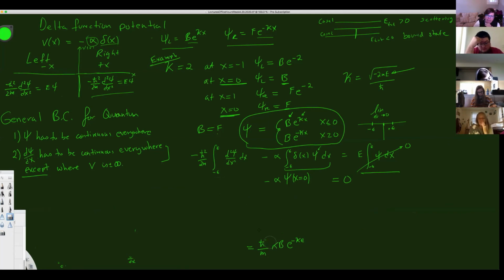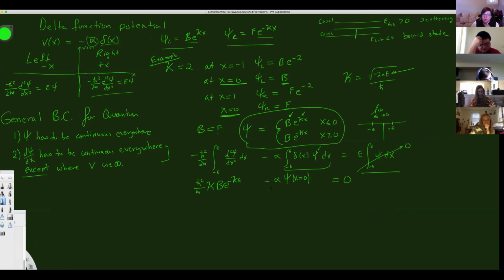I'm going to take this and stick it up here so I don't forget it. So this is h bar squared over m kappa b e to the minus kappa epsilon. That's this term, and then minus this will all equal 0. Now we have all our terms.